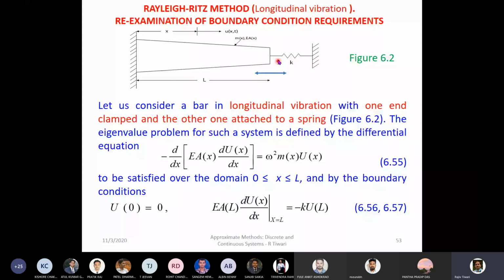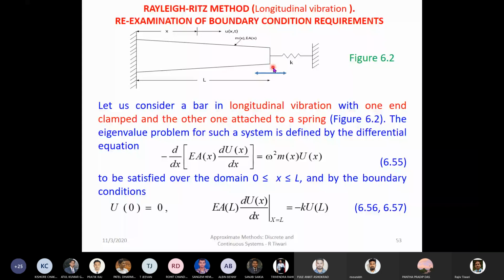So there are two complexities here: the varying cross section, and the spring attached at the end. We are considering axial, or longitudinal, vibration. Here one end is fixed, and the spring's other end is also fixed.